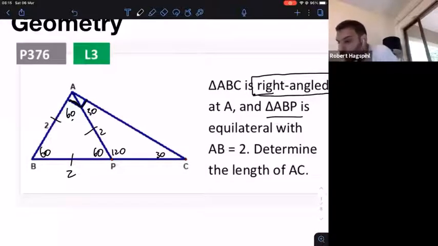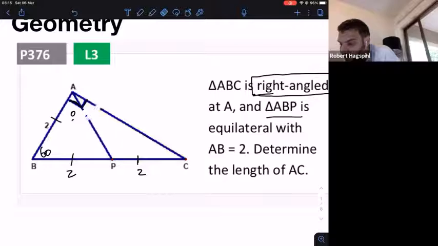Now, what do I know about the second triangle? Yeah, it's an isosceles triangle. That's excellent. And if this side is equal to 2, it makes this side equal to 2 as well. And now, again, let's go back right to the beginning.